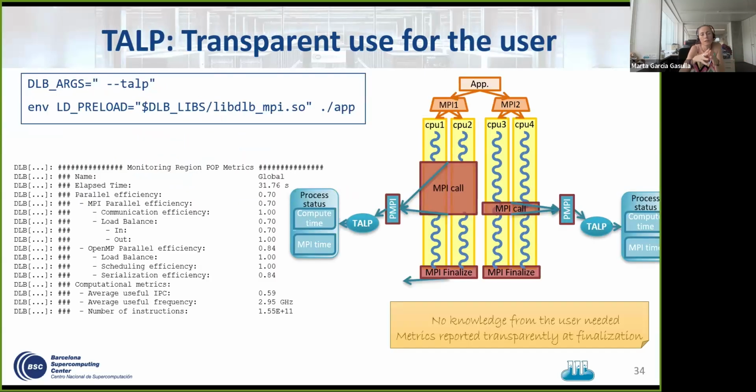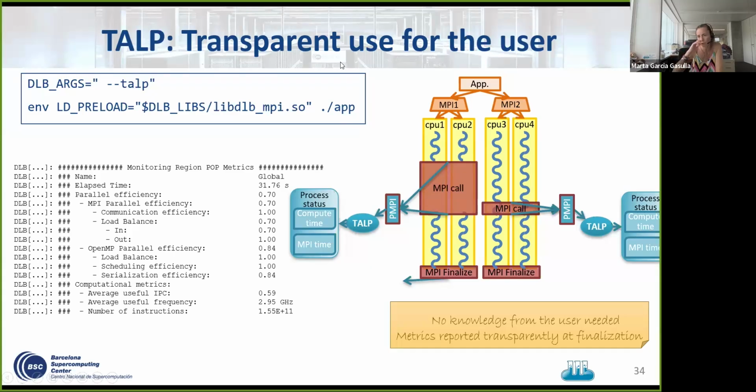The first one is the easiest one, where we can get the metrics without doing almost anything. We just need to export a couple of environment variables. If you have TALP installed on your machine, we tell DLB that we want to use TALP with this flag, and then we preload the library and we run our application.